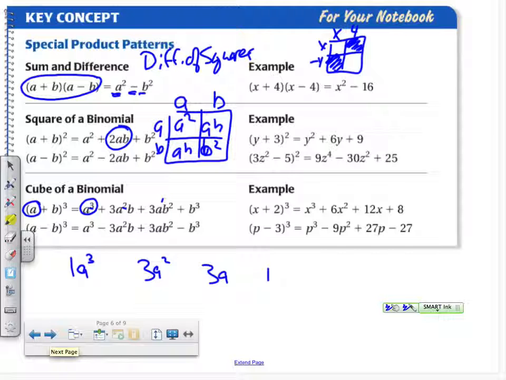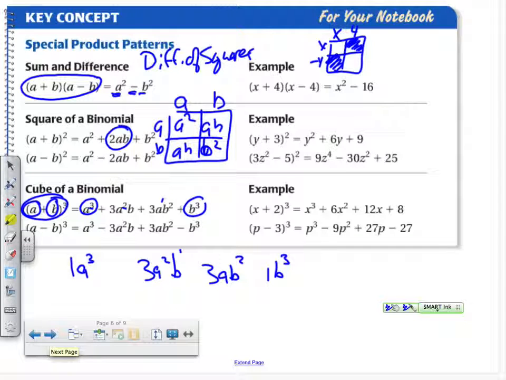And then when you get to the last term, it's gone. For the b, you do the same thing. You just start at the back and go backwards. 3, 2, 1, gone.